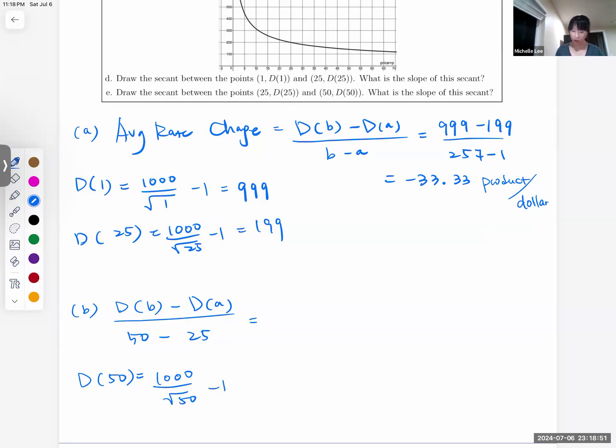Then if we calculate this, 140.42. So D of B, which is D of 50 minus D of 25 over 25, right?